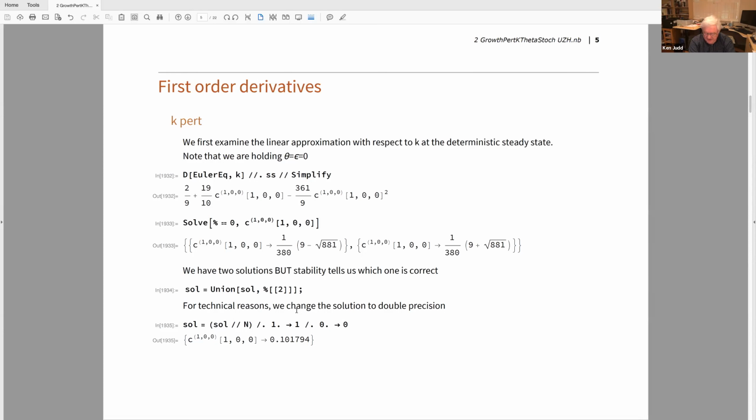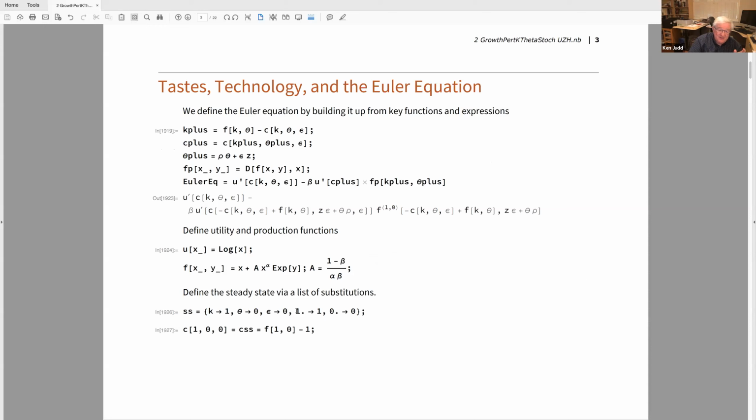Now, by the way, sometimes when I read papers where they talk about doing perturbation, they refer to theta as being shocks, as being part of the uncertainty. And I've seen expressions where they're perturbing the whole theta path.